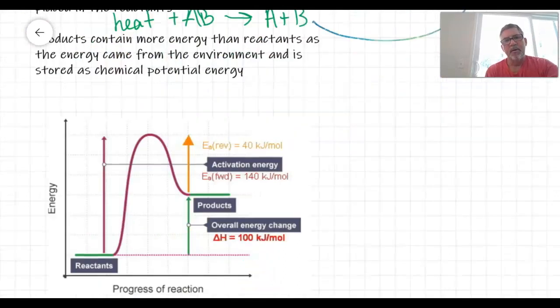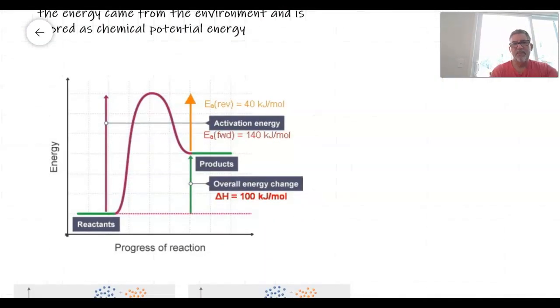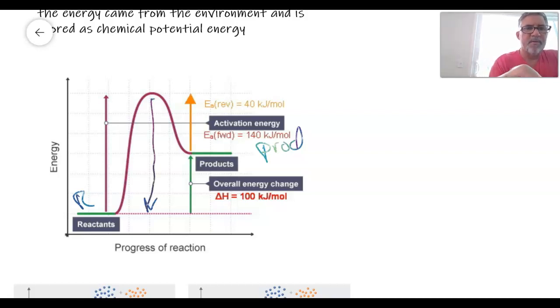Okay. If I looked at this graph, here's a similar kind of graph. So I have my reactants here, and I have my products here, right? So from here to here is my energy required to start the reaction, right?